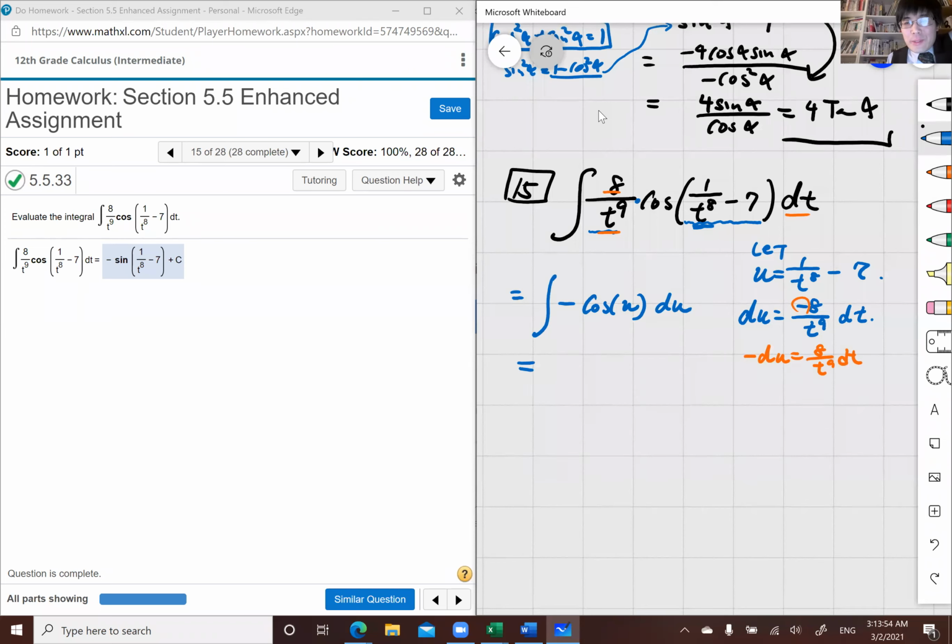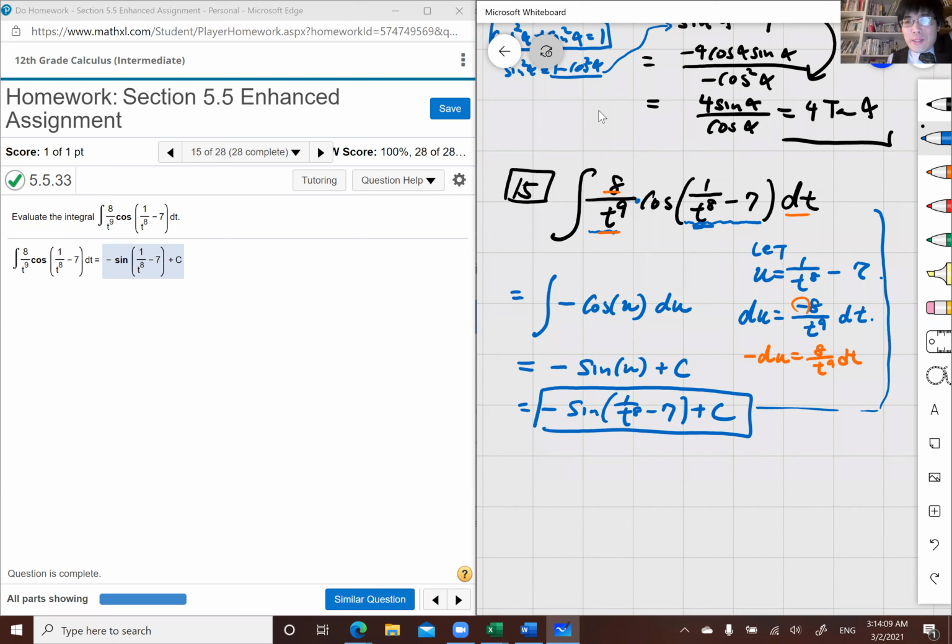The integral of this is going to be negative sine u plus c, which is negative sine of 1 over t to the power of 8 minus 7 plus c. Again, differentiate this to make sure you get the same expression after you differentiate your answer.